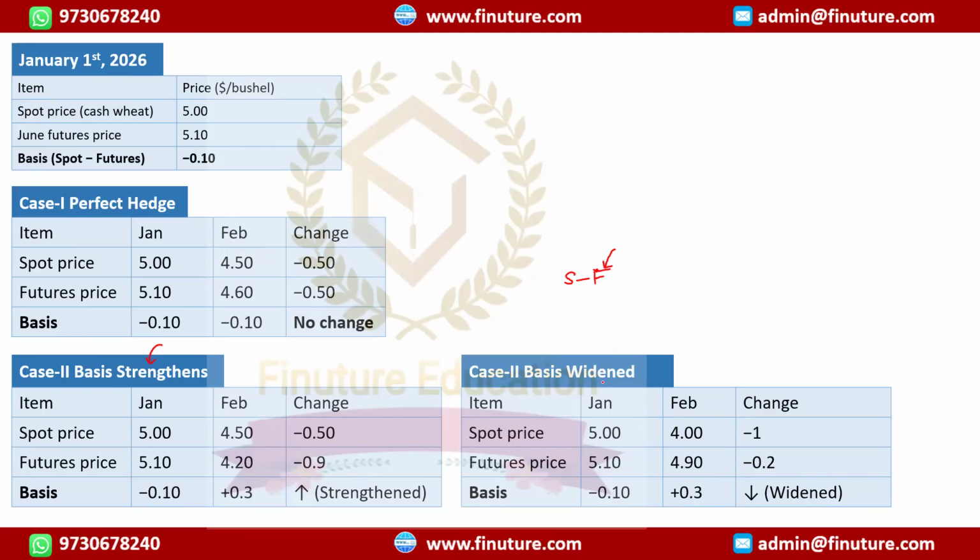Let's look at the widening. Say in the cash market, he lost negative $1. Ideally, you would expect some gain from the future. But what is happening is that the future price is not dropping that much. Ideally, he would expect that if the spot has gone minus one, at least the future price should also go by minus one, a perfect hedge.